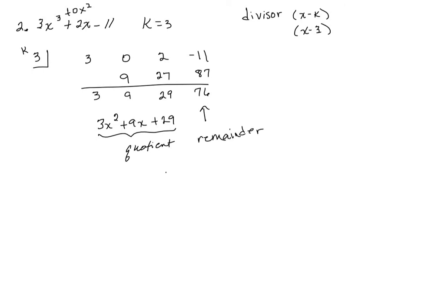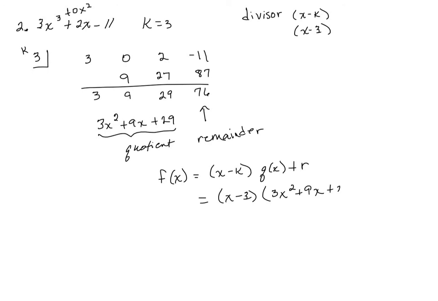And remember that I'm trying to get my answer in the form f of x equals x minus k times q of x, which means the quotient, plus the remainder. So x minus k is x minus 3 times the quotient of 3x squared plus 9x plus 29. And then the remainder is plus 76.